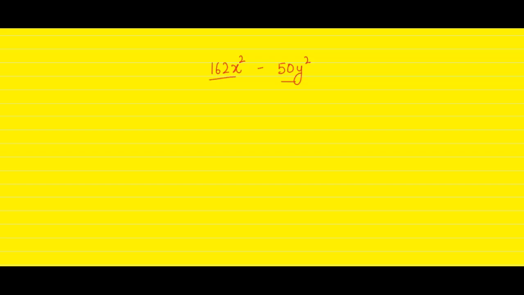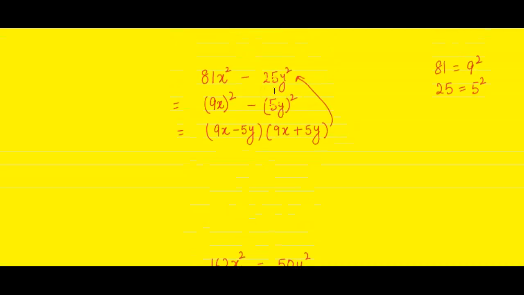Is anything common? So just take it out. We can see 162 and 50 both are even numbers, so we can simply take out 2. When we take out 2, we get 81x square minus 25y square. Isn't it the same expression that we just did?